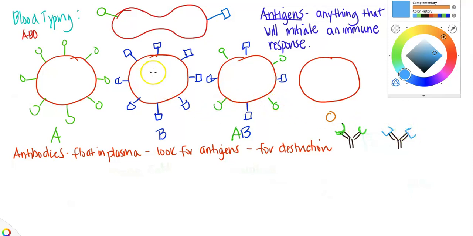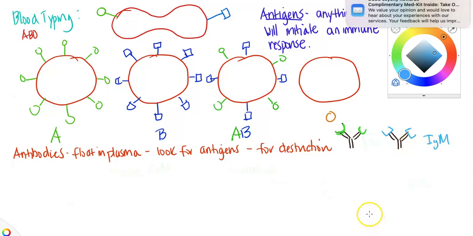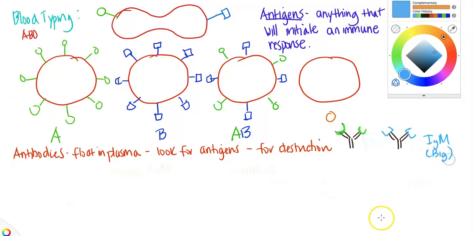So when they find the antigen, they will bind to it on their little arms. The antibodies for A and B are what are called IgM antibodies. These antibodies are big. They're huge, and they don't cross the placenta. They're so big.